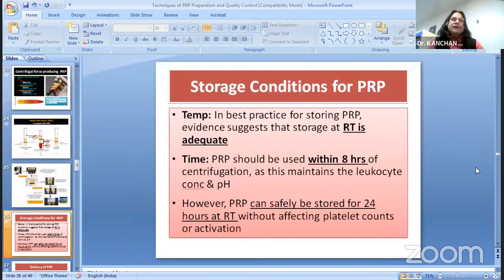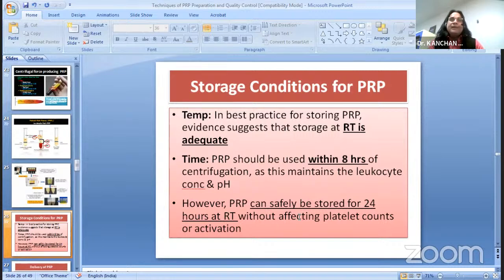So after making the PRP, the storage condition of platelet-rich plasma. Temperature: the best practice is storing platelet-rich plasma at room temperature. It is adequate. Don't keep it at 4 degrees. Room temperature means if you have AC in the laboratory, it is okay, so you can keep it. And time: the PRP should be used generally within 8 hours after centrifugation, as this maintains the leukocyte concentration and pH of the PRP.